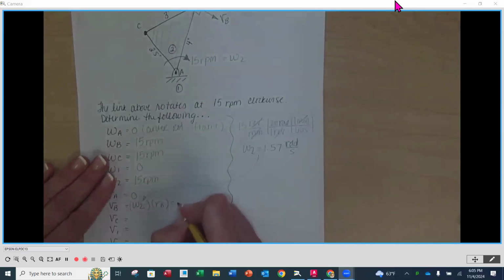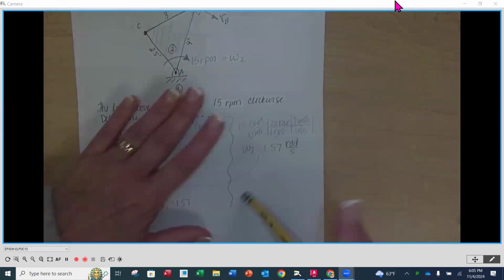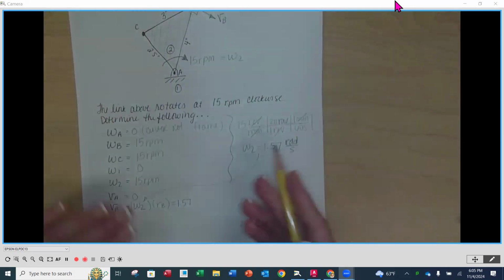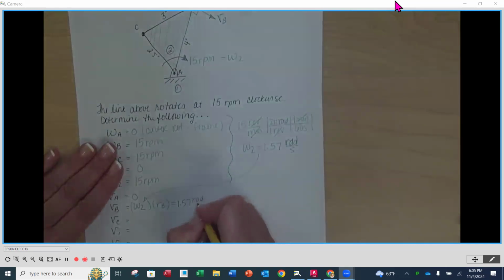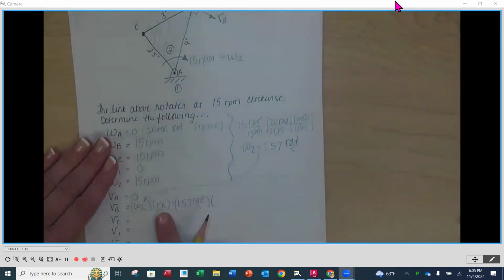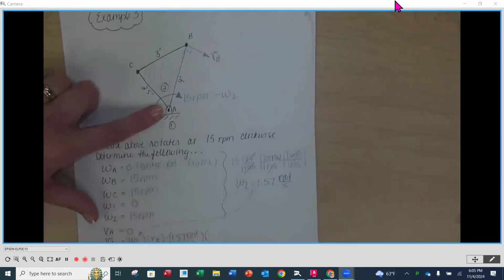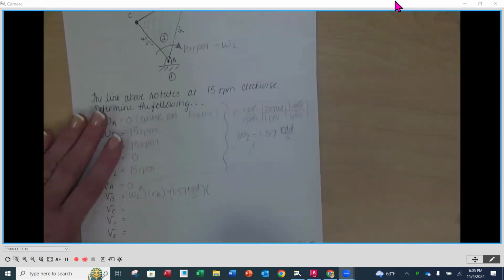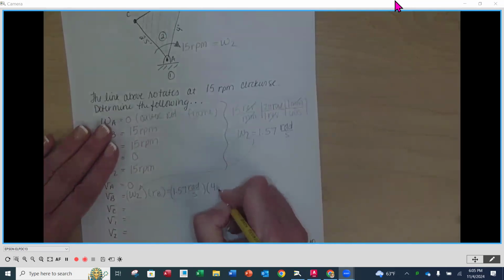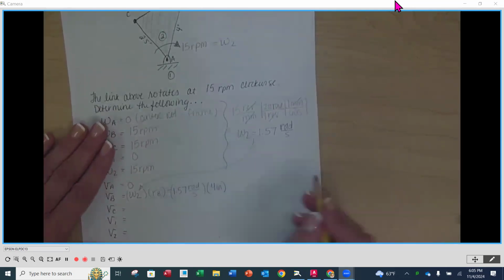So this is going to be equal to 1.57 radians per second times the radius from the center of rotation to point B, which is 4 inches. Okay. So I'm going to multiply those two. And what do I get for VB?